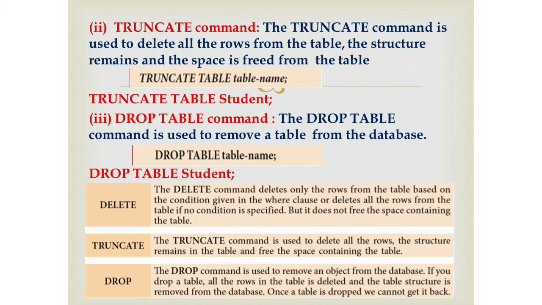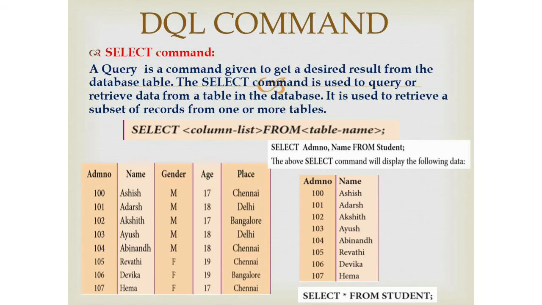Clear about this? Now we'll see about the DQL command, that's the select command. One of the most important tasks when working with SQL is to generate queries and retrieve data. A query is a command given to get a desired result from the database table. By using that command or condition, you can retrieve the data from the database.